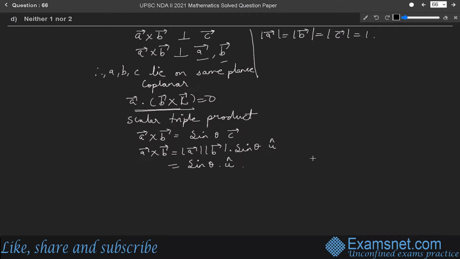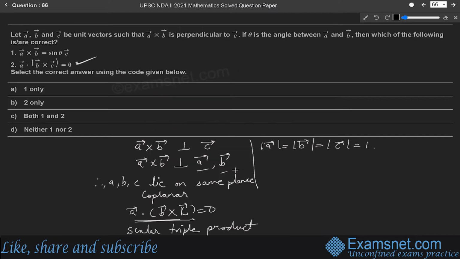Now comparing both these parts, here there is C vector and here there is a unit vector, and we know that the unit vector is perpendicular to A vector and B vector, but in this case, C vector is not perpendicular to A vector and B vector, so it is not correct. Therefore we can say that statement 1 is not correct.